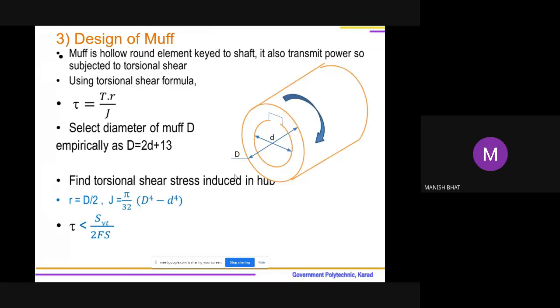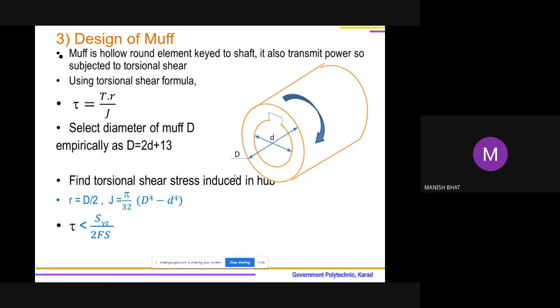So we will be using the torsional shear equation, that is tau is equal to Tr upon J. This is a hollow element. R, the distance of the maximum stress plane from the neutral axis, will be D upon 2. Capital D is the outer diameter, small d is the inside diameter, and L is the length.